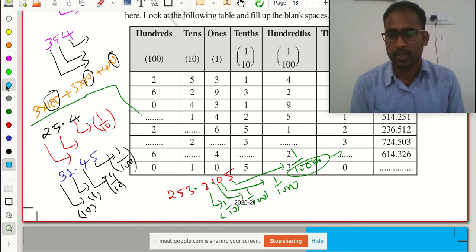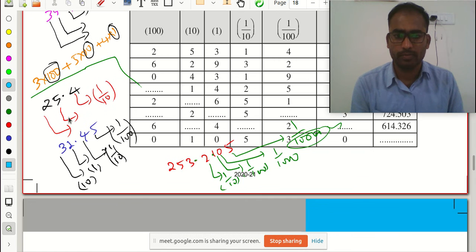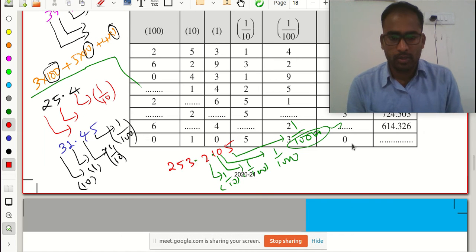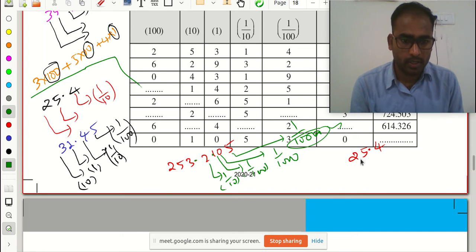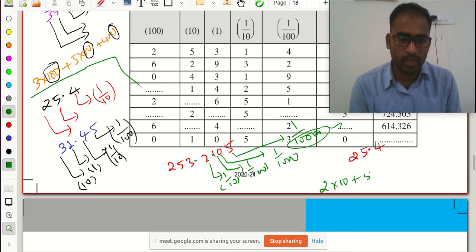See, you are having some number 25.4. So here, this 25 decimal 4 is there. How can I write this one? 2 multiplied with 10 plus 5 multiplied with 1 plus, how can I write this 0.4? 4 multiplied with 1 by 10.